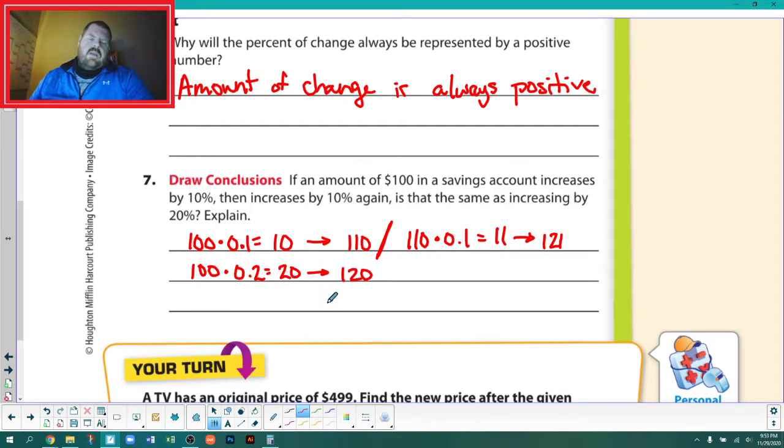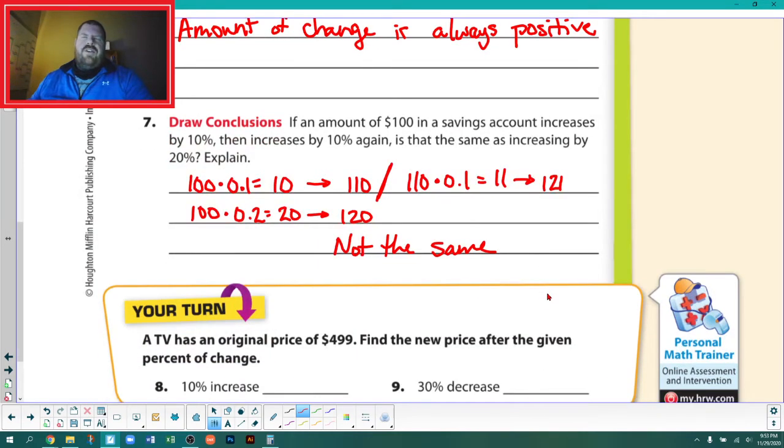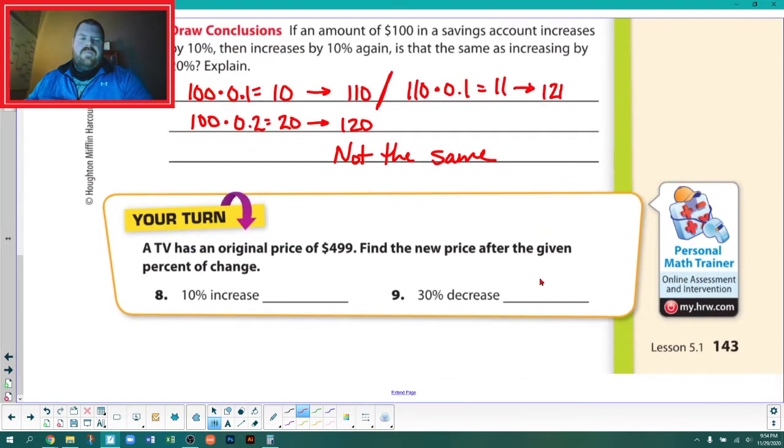So no, they're not the same. That's important to know. If you can get somebody to increase your money by a percentage multiple times, you're better off than with a larger single percentage.